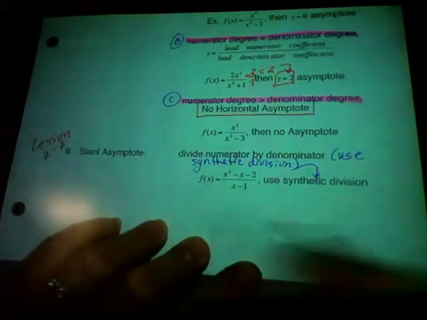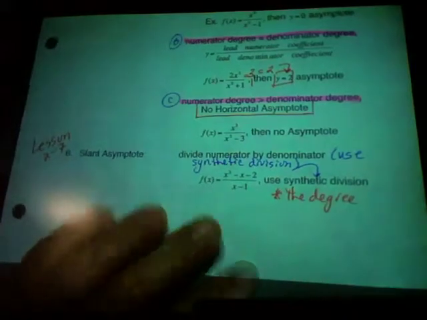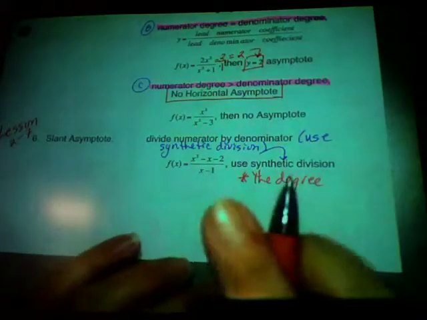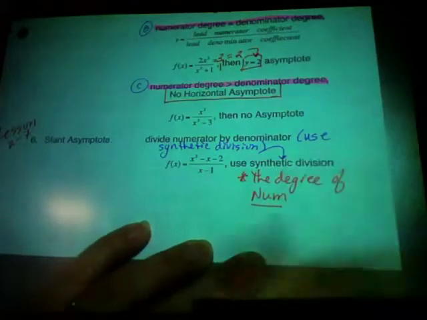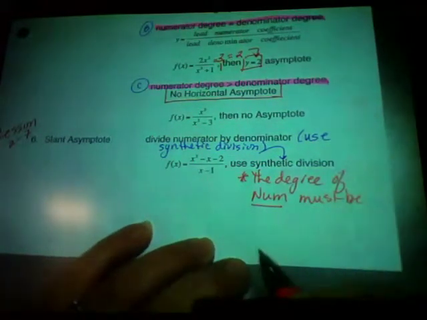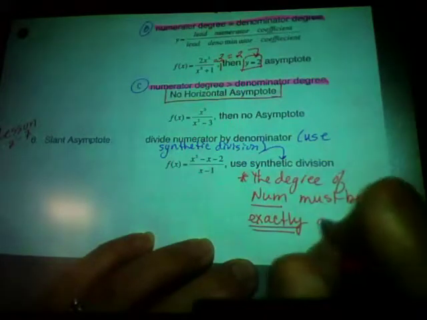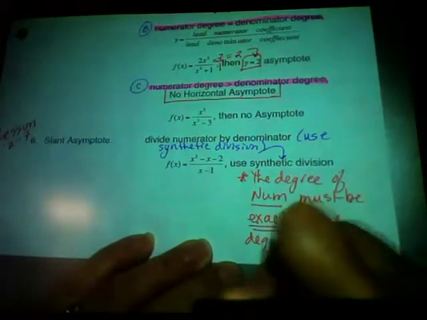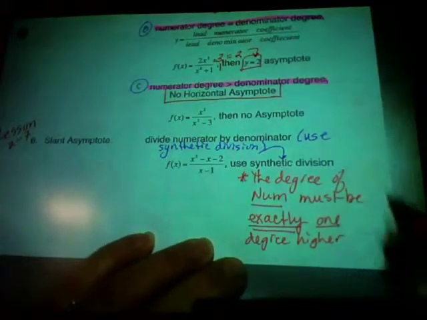The only time you have a slant asymptote is when the degree of the numerator must be exactly 1 degree higher than the denominator.